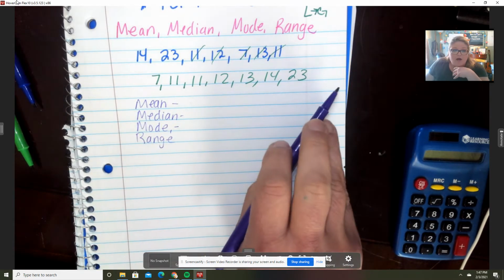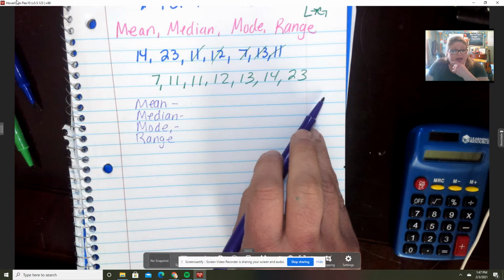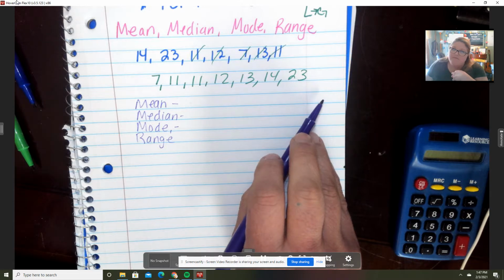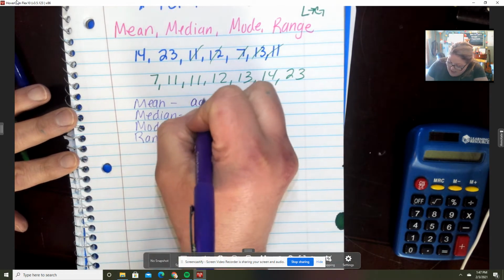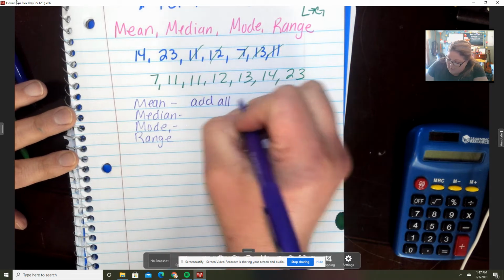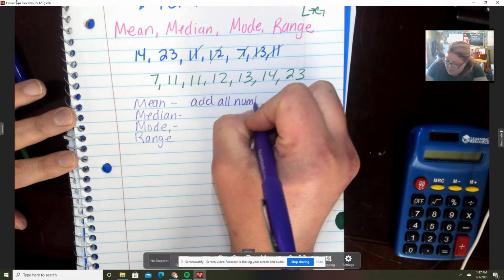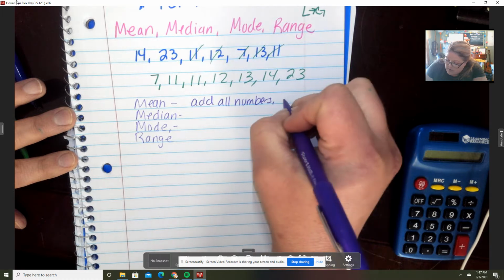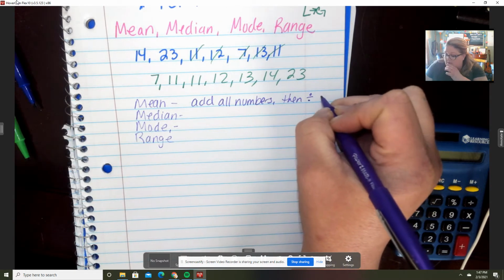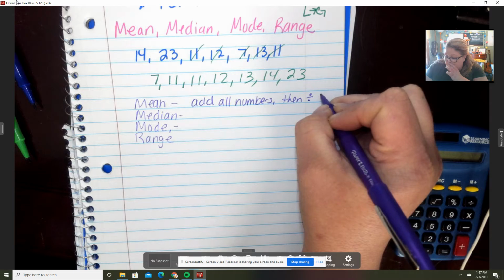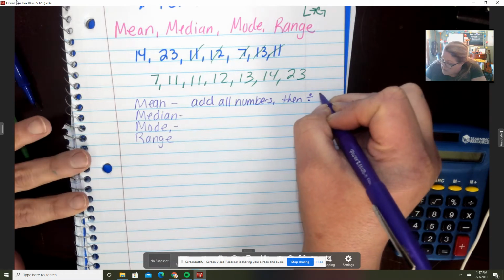We're going to add all those numbers up, and then we're going to divide by the number of numbers there are. I could have said that differently. So I'm going to say right here, I'm going to add all numbers, then divide by total numbers.